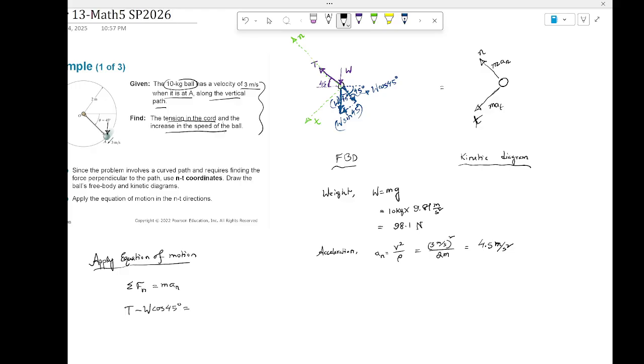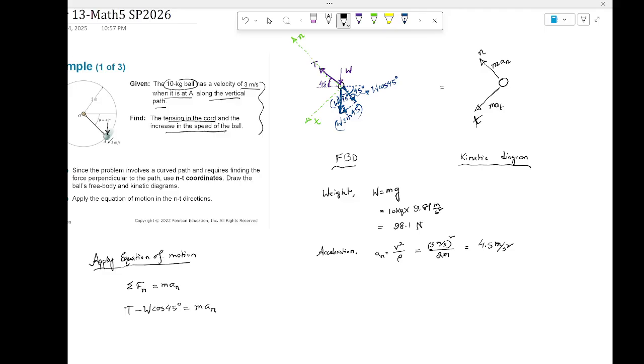Here there are two forces: one is the T, the tension towards the center, which is positive, and the other is W cos 45, the component of W that is opposite to T, that's why it's negative. And another trick: on the right side you would always write m a_n towards the positive direction, the direction you use for n and t.